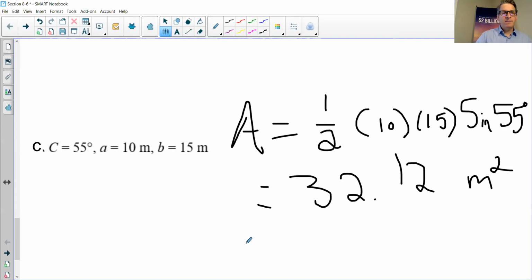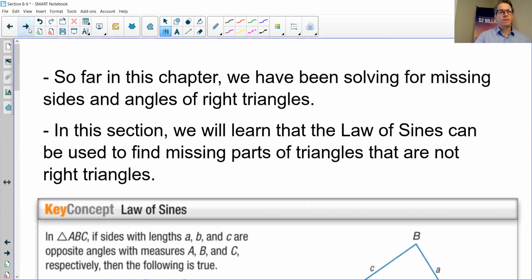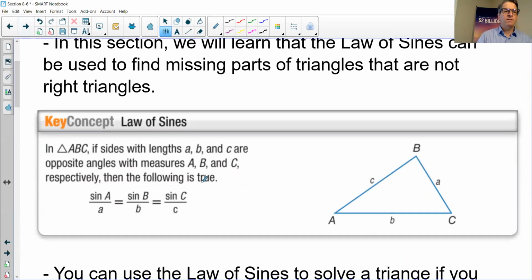So the law of sines, you can find the area of a triangle using the law of sines. So far in this chapter, we have been solving for missing sides and angles of right triangles. In this section, we'll learn that the law of sines can be used to find missing parts of triangles that are not right triangles. So the law of sines states this: if in triangle ABC, sides with lengths a, b, and c are opposite angles with measures A, B, and C, respectively, then the following is true.